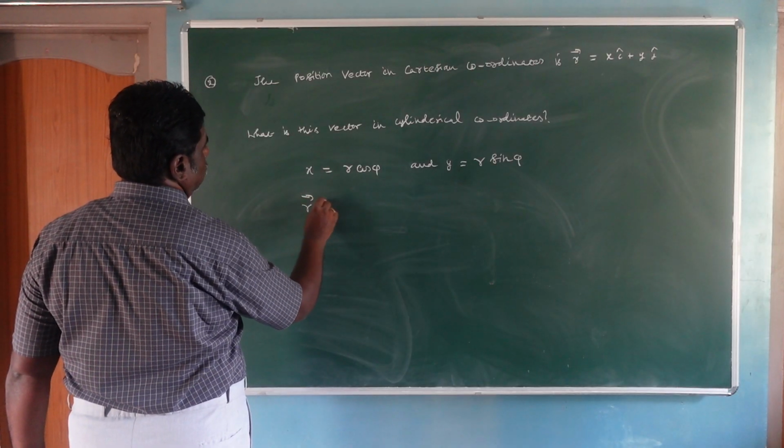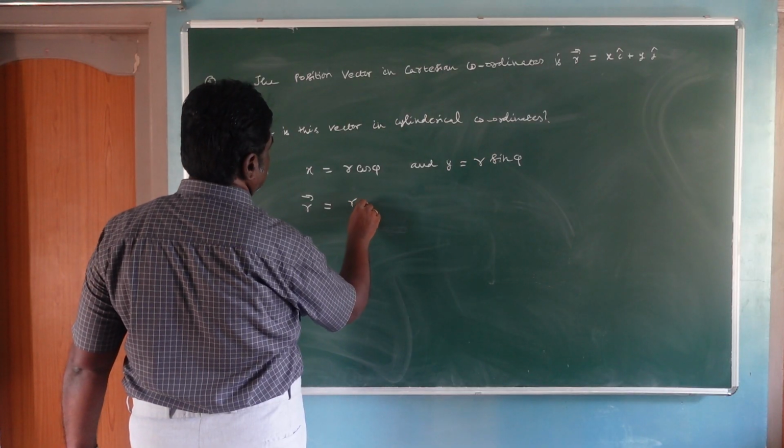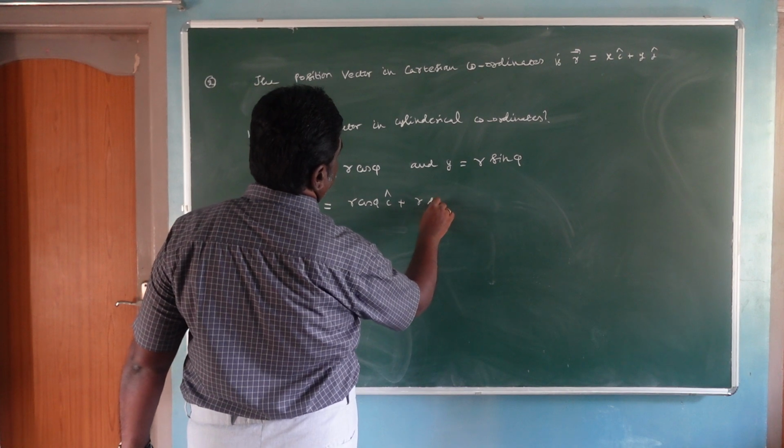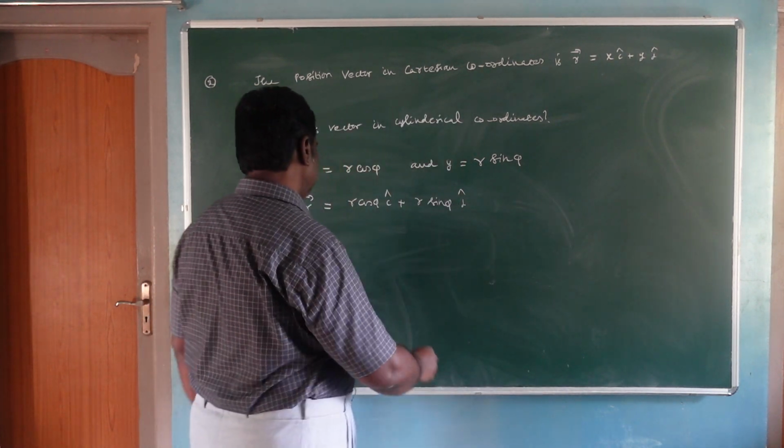Now vector r is equal to x into i, that means r cos phi into i, plus r sin phi into j, that is y into j.